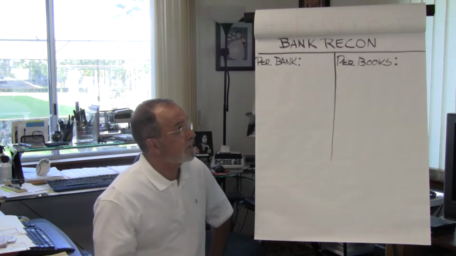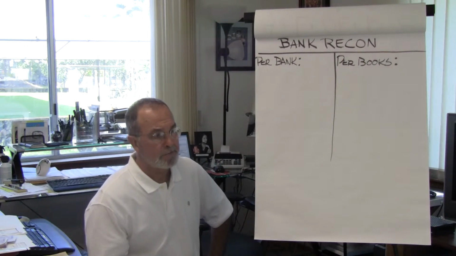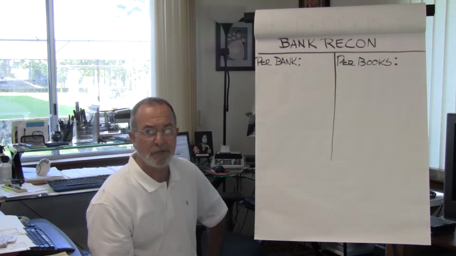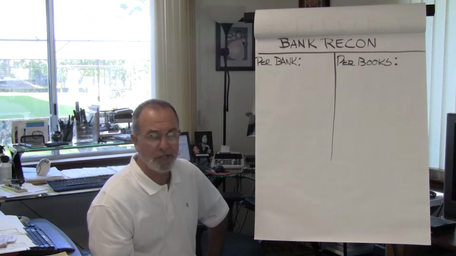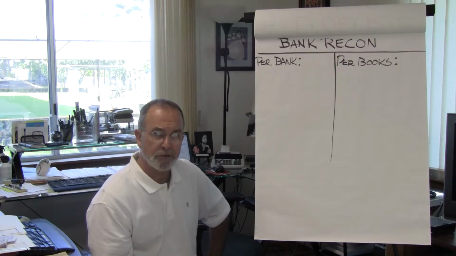There are also a number of other types of transactions that result in differences between our cash record and the bank's cash record. Probably another very common type of transaction that occurs in most accounts on a monthly basis would be a bank service charge.